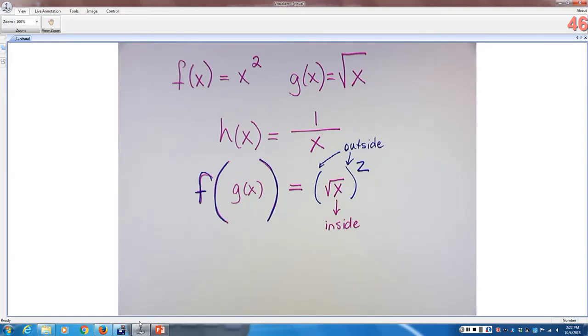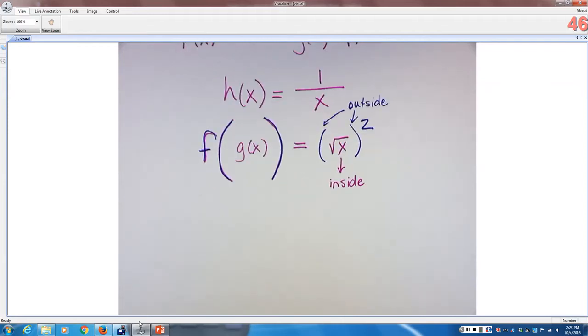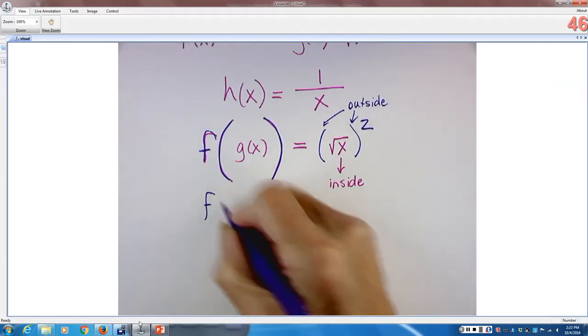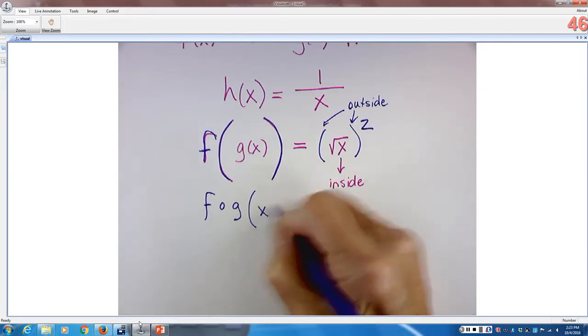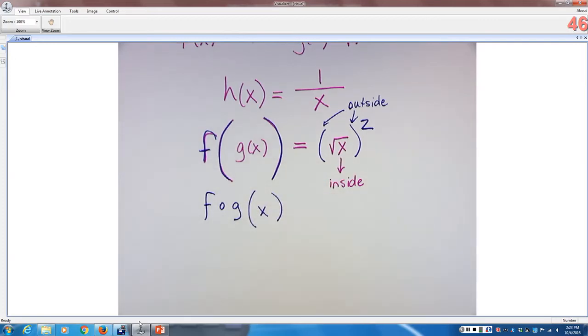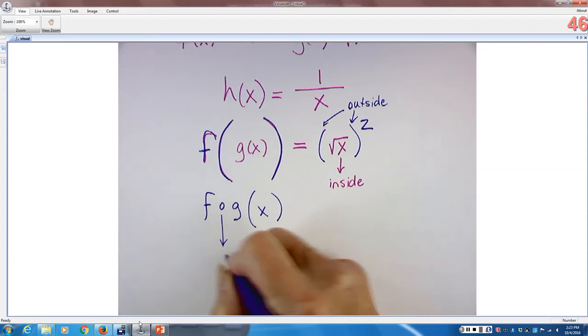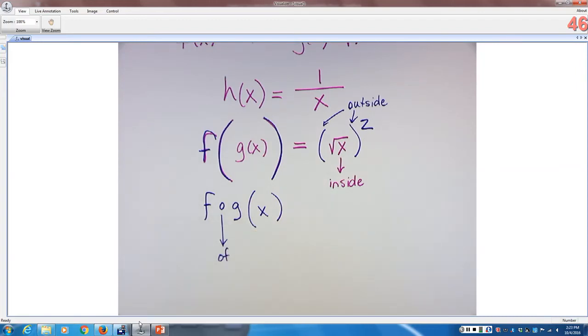Yes? Can you show us how it works? Like, how would that be written as like the g-o-f? I think that's confusing notation, but that's a good question. The other way to write this is f of g of x, and you read that little circle as of. It's not a multiplication sign, okay?